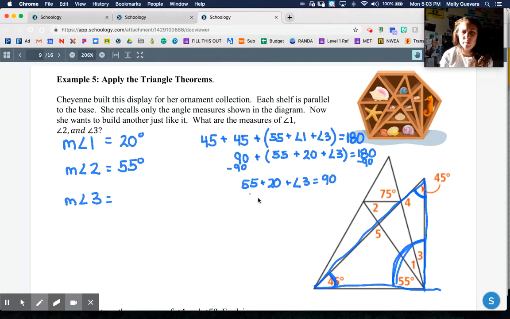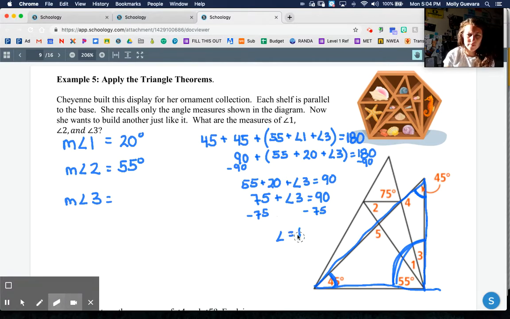Well, 55 plus 20 is 75. So 75 plus angle 3 equals 90. Minus 75, minus 75, and angle 3 equals, oops, sorry, I forgot the 3. Angle 3 equals 15 degrees.